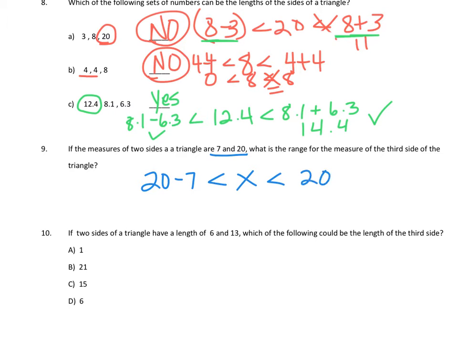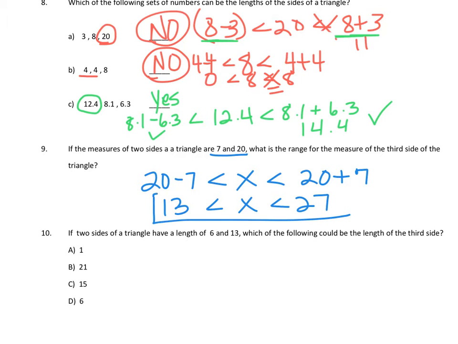And then 20 plus 7. So your range is 20 minus 7 is 13, is less than x, is less than 27. So this is the range. Can it be 13? No. Can it be 27? No. But anywhere between those two numbers, our third side can be.